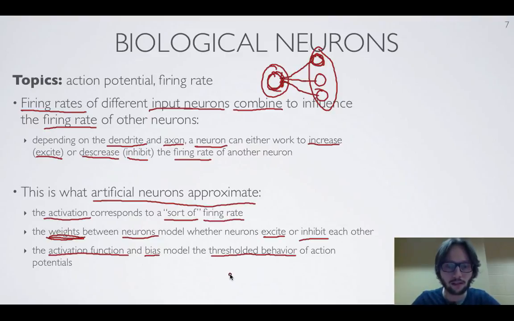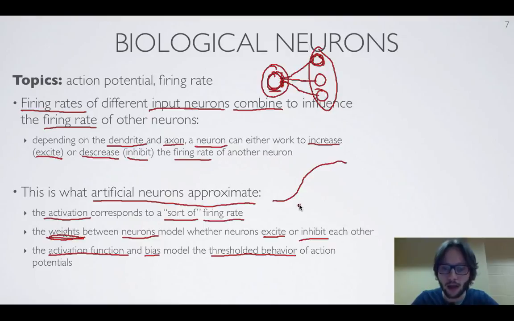I said that the firing activities of the neurons that some given neuron is connected to need to reach a certain level for this neuron to actually spike. This is what the activation function and the bias try to model. If we have a sigmoidal function, it will take this form here.